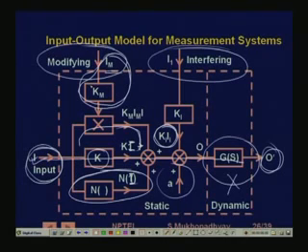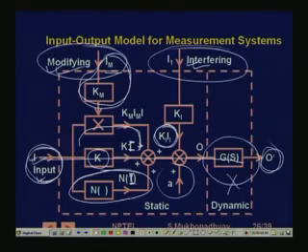Note that when we use such a model, we are actually trying to model the effects of these modifying and interfering inputs, and thereby we are trying to compute the response in terms of these inputs. But even apart from them, there are going to be some unmodeled effects. Ambient temperature variation may be measured.